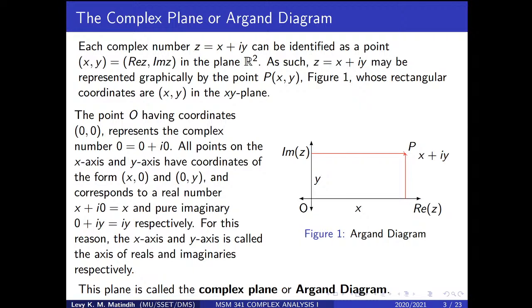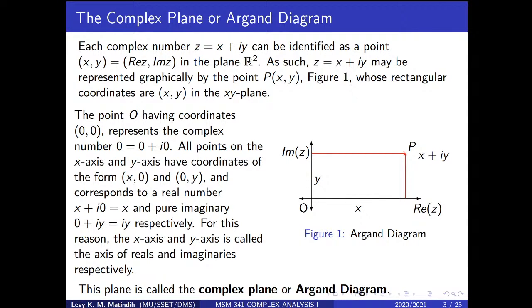Now, since you can identify this complex number as a point in the R2 plane, you can also represent it graphically as a point P, which is equal to (x, y). Remember, x is the x coordinate, the real part of z, and y is the imaginary part of z.